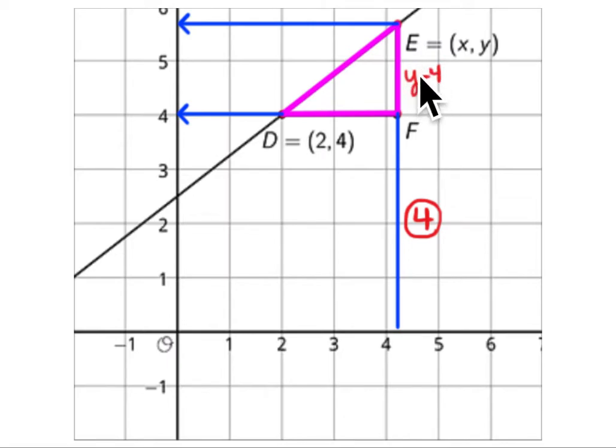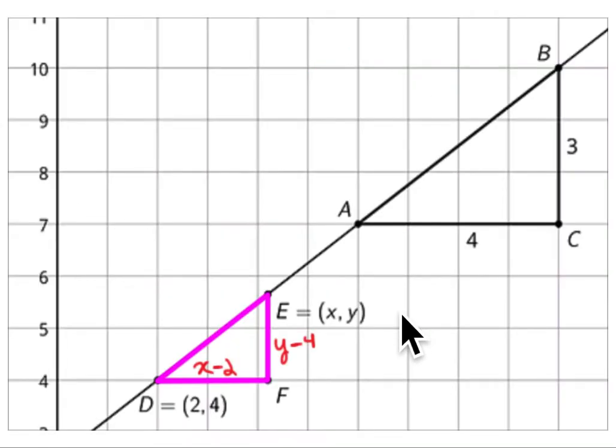So it's y minus 4. This length right here is the total length minus these 4 units, and x minus 2. This length right here minus these 2 units.